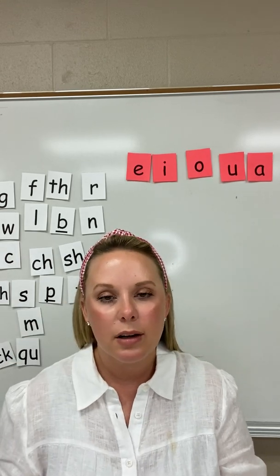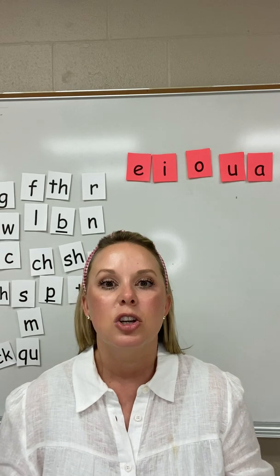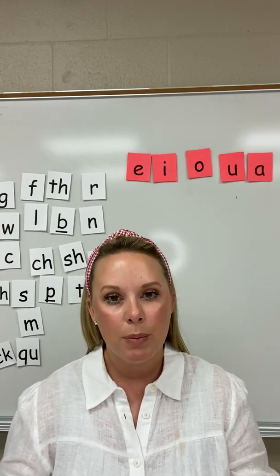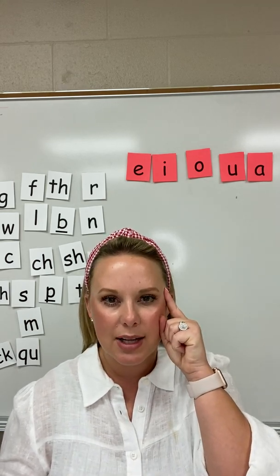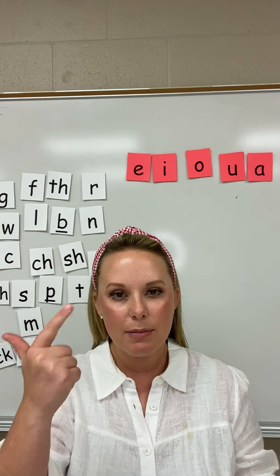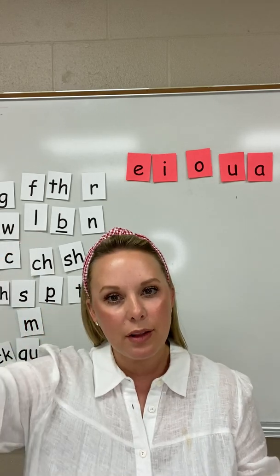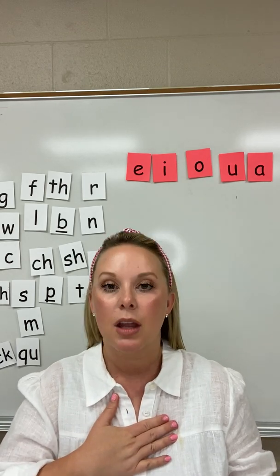The first word that I want you to spell today is the word choft. Now remember, whenever I'm spelling a word, I think about the sounds that I hear in the word. I can segment each individual sound on my hand, and then I can pull down the letters that match those sounds. Watch me this first time.